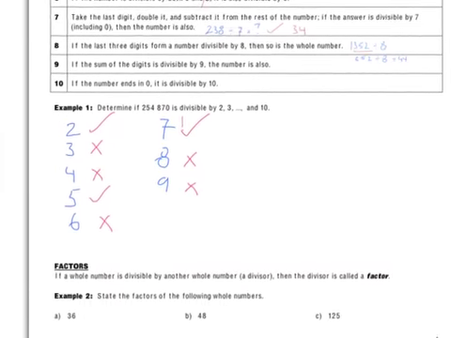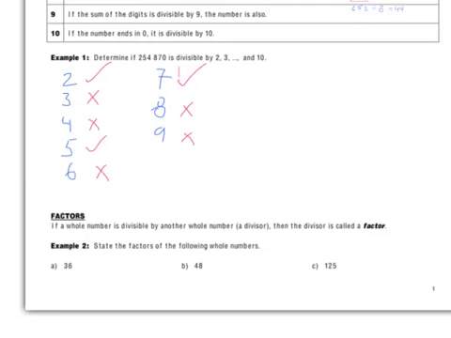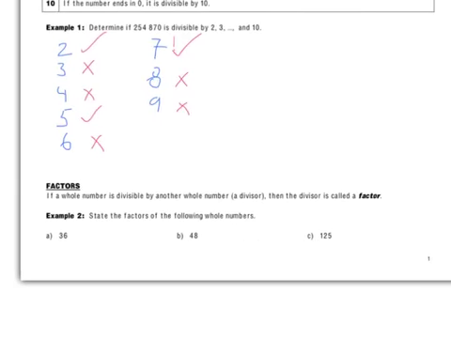Just going to zoom out here. Alright, let's get into today's lesson, and this will also be a review for most of you, but we're going to look at factors. Let's look at the definition of a factor. So a factor is essentially a divisor, and how we check it, if we get a whole number and we divide that whole number by another whole number, and if the answer is a whole number, then that divisor is a factor.